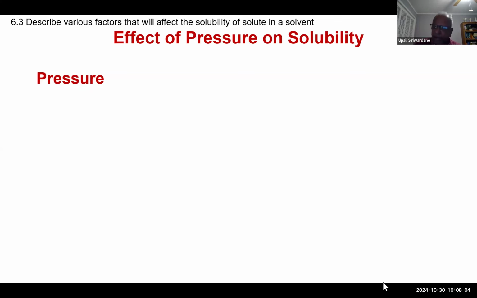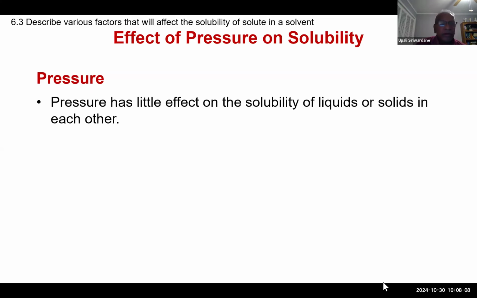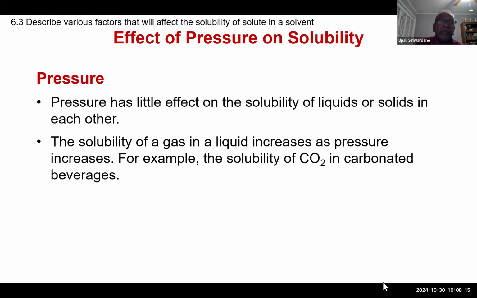Therefore, pressure has little effect on the solubility of liquids and solids. The solubility of gas, on the other hand, has a large effect from pressure.